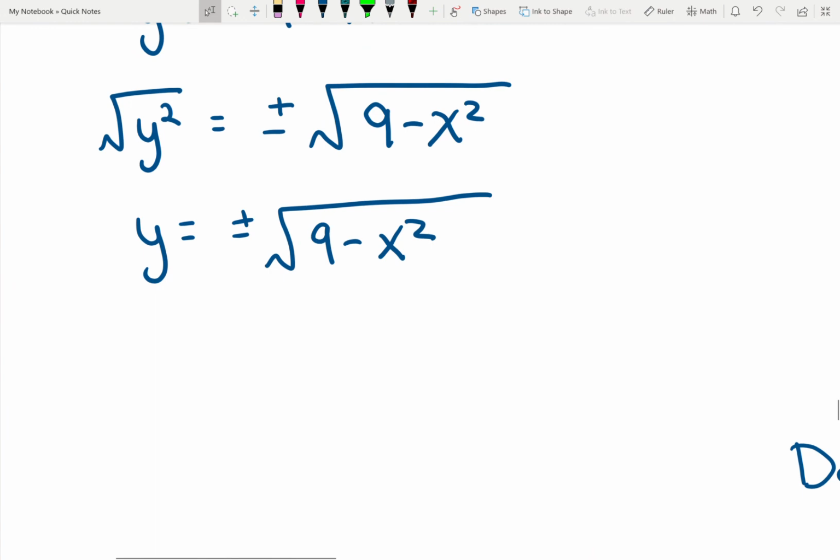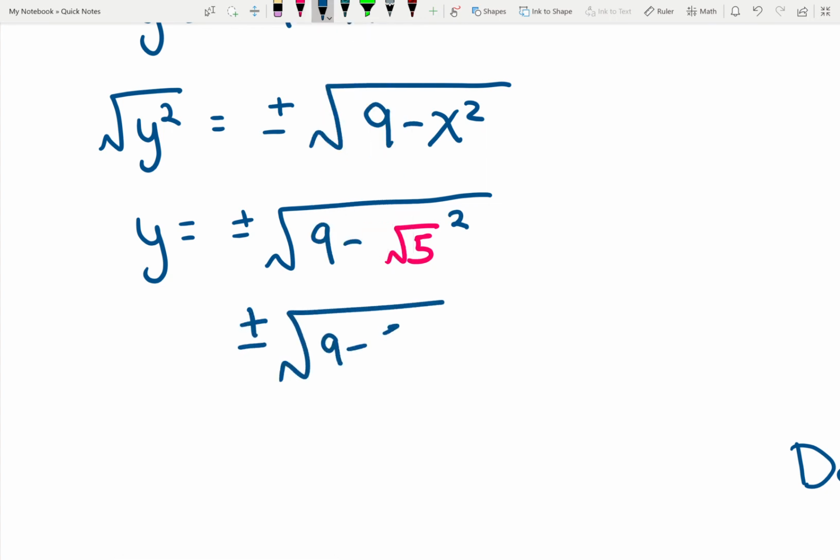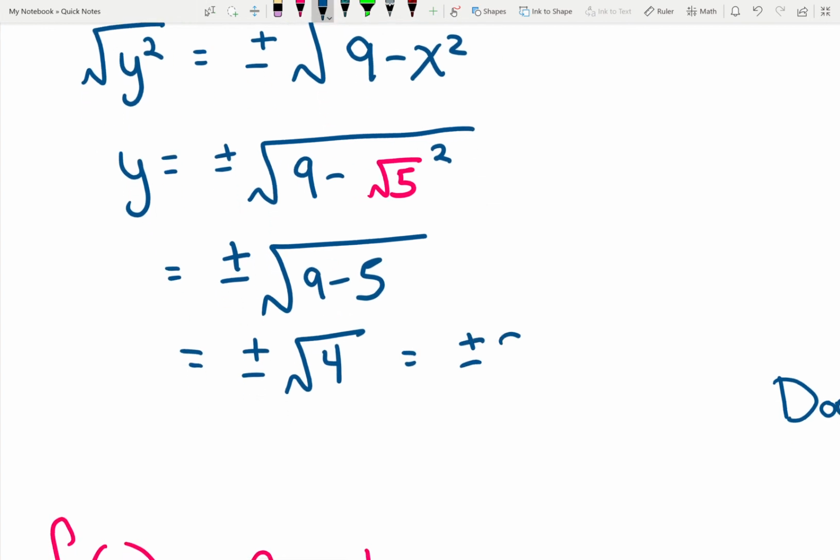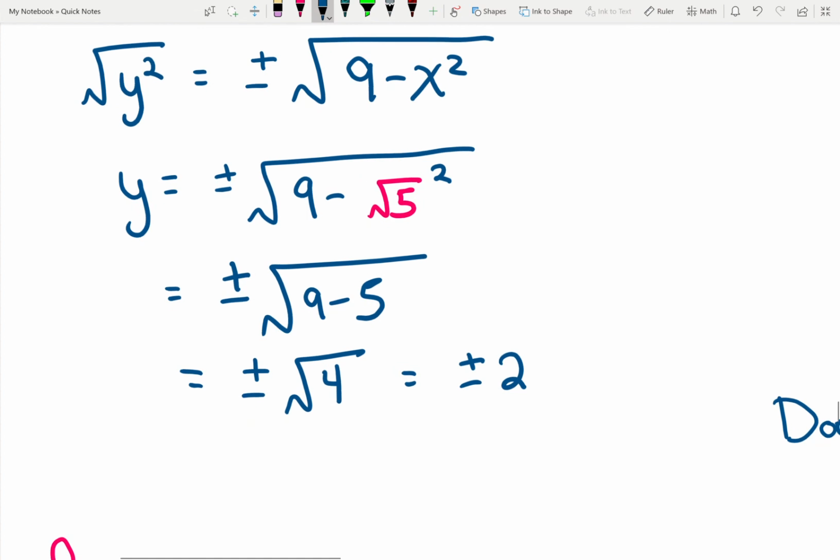If I plug in square root of 5 here, I get plus or minus square root of 9 minus 5, and that's just the square root of 4. So if I plug in square root of 5 for x, my answer will be -2 and 2.